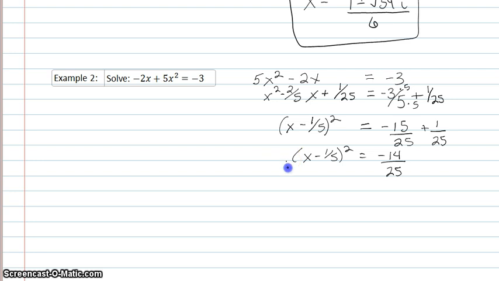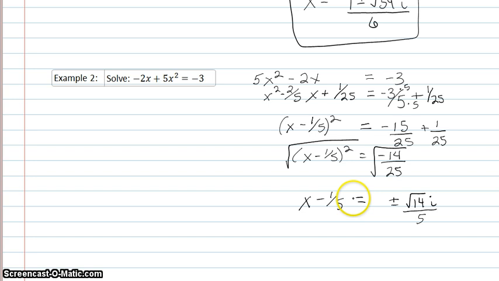And then I'll need to take the square root of both sides. So I have x minus 1/5 equals plus or minus the square root of 14i. So remember that negative 1 comes out as an i, and that is over 5 because the square root of 25 is 5.